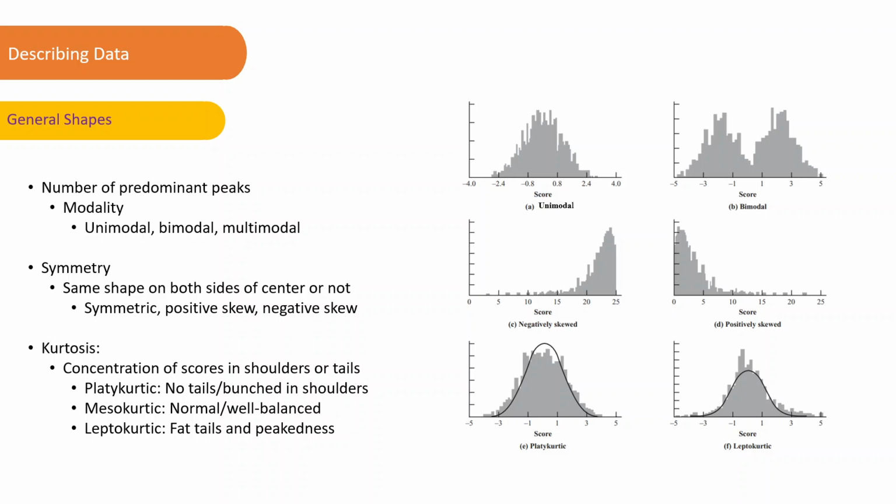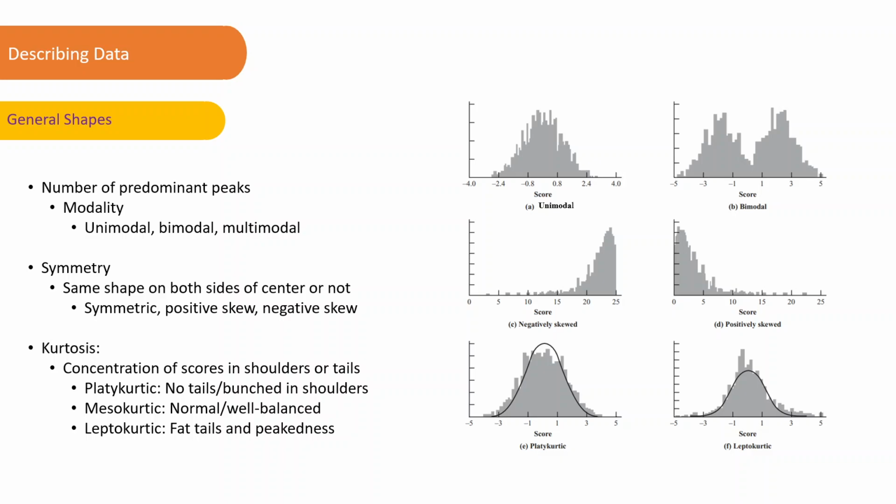The first characteristic we might be interested in is the number of predominant peaks of our distribution of values. If you think about our histogram, where we see the number of times each observation occurred, the peak shows us which values were the most frequent. So there's this notion of modality, where we want to know how many peaks we have.